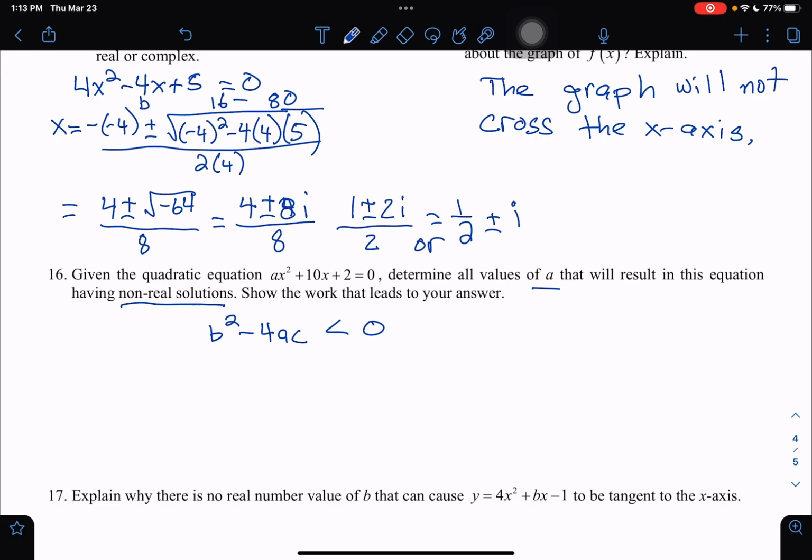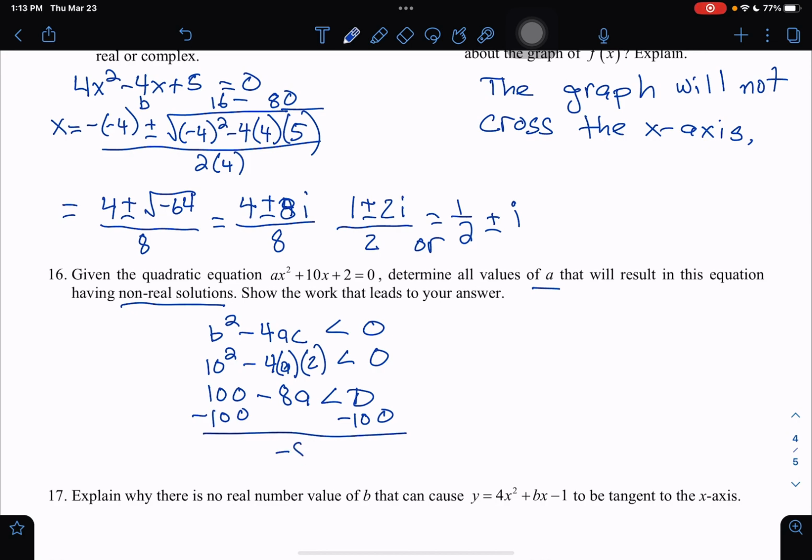So for our case, b is 10 squared minus 4 times a times c, which is 2. That has to be less than 0. It can't be equal to 0. And this is 100 minus 8a less than 0. I'm going to subtract 100.